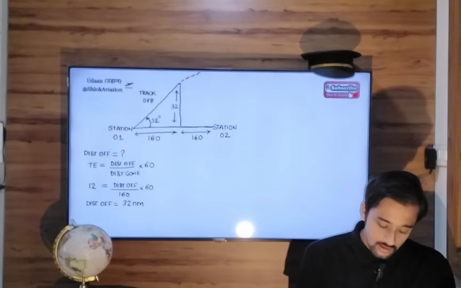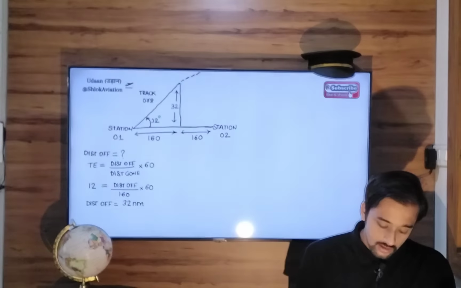Now this is first part of the sum. The second part is we will find closing angle, which is this angle. So applying the same formula of closing angle, distance of track divided by distance gone into 60, we will get closing angle. Distance of track is 32, distance gone is again 160 into 60. So closing angle will be equal to another 12 degrees.